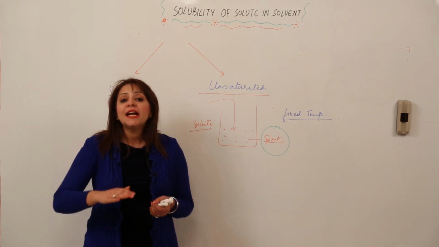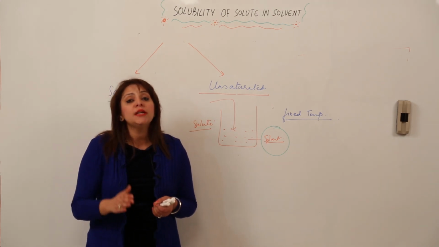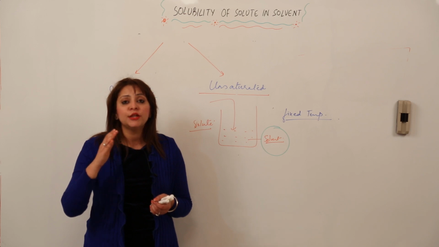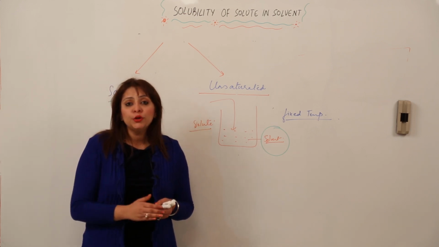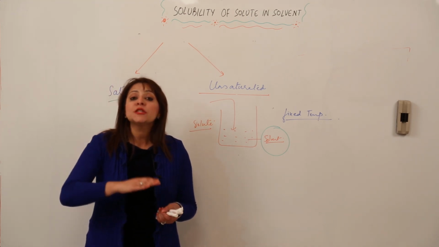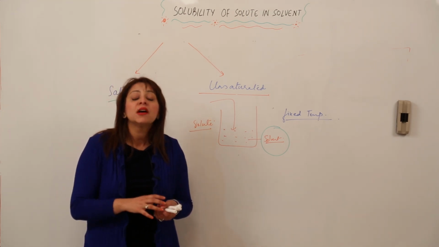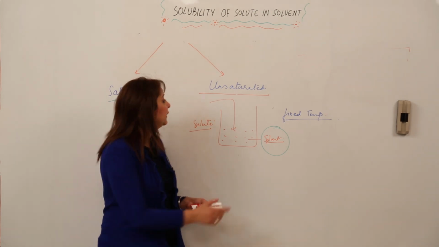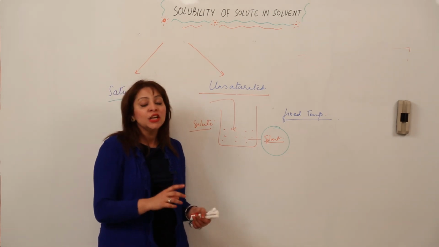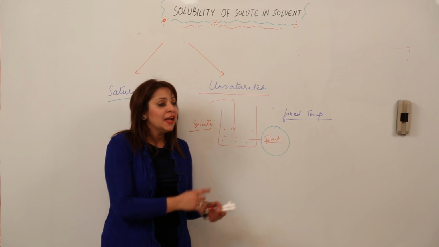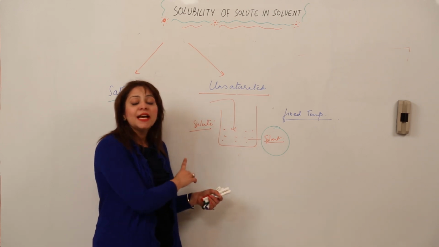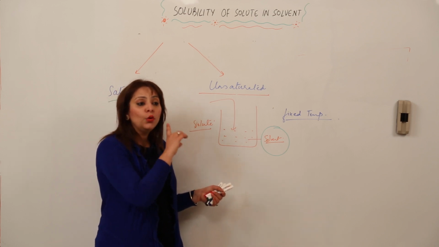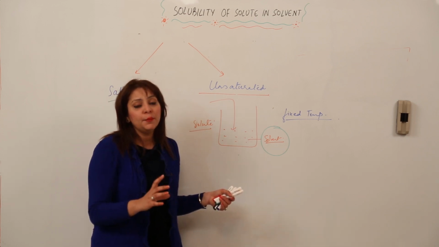So that means a saturated solution is not dissolving more solute at the given temperature. Those solutions which cannot dissolve as much solute as we add at a given temperature come under the category of saturated, right? Just repeating again, unsaturated can dissolve as much solute as we add at a given temperature, and saturated can dissolve only a fixed amount of solute at a given temperature.